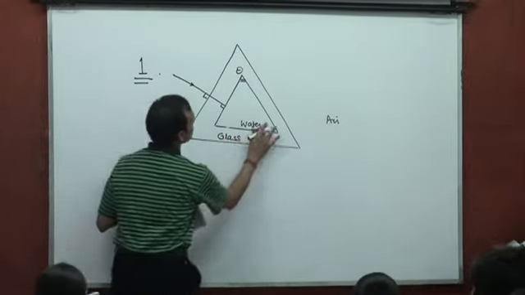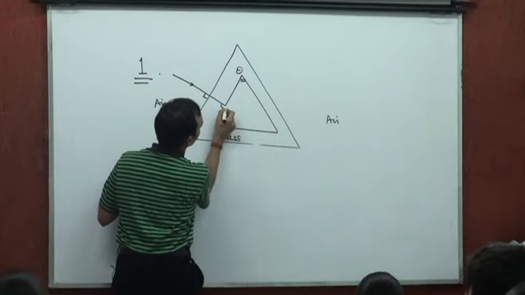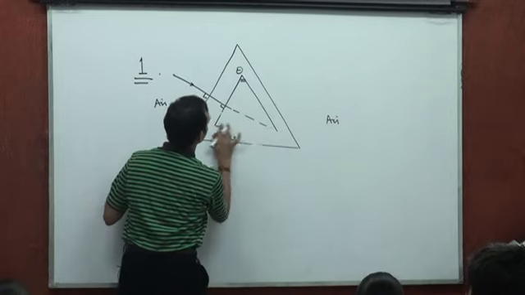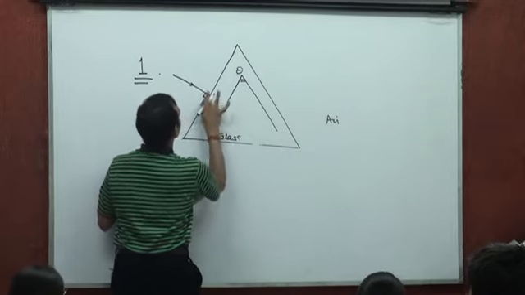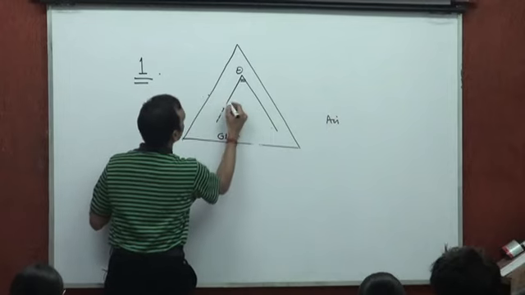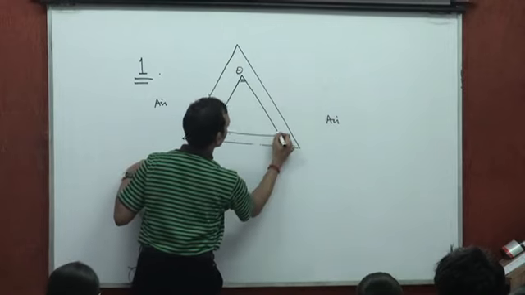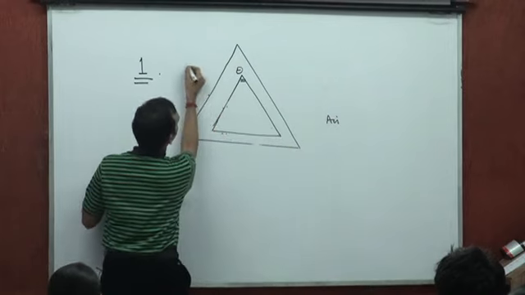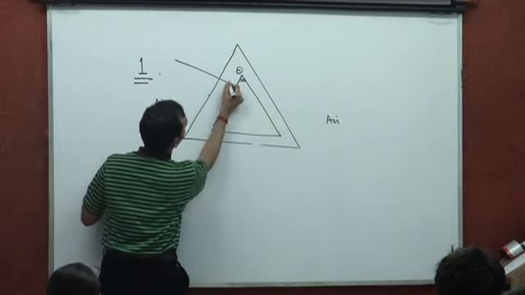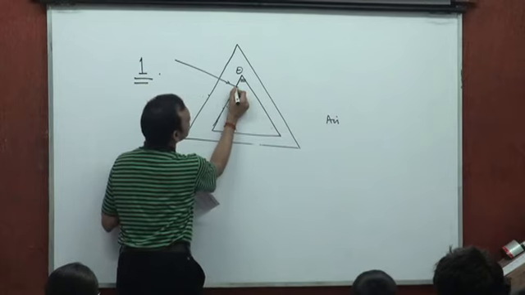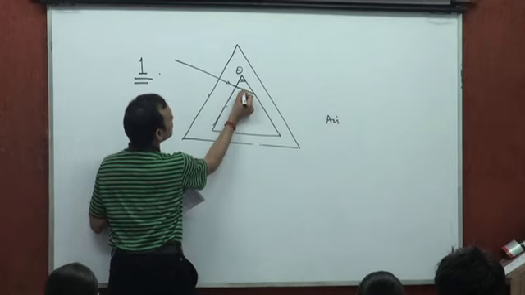It will not undergo any deviation. I'll just redraw this a little bit. I don't have room there. See, at this interface also it's incident normally, so it will go undeviated. It goes this way.